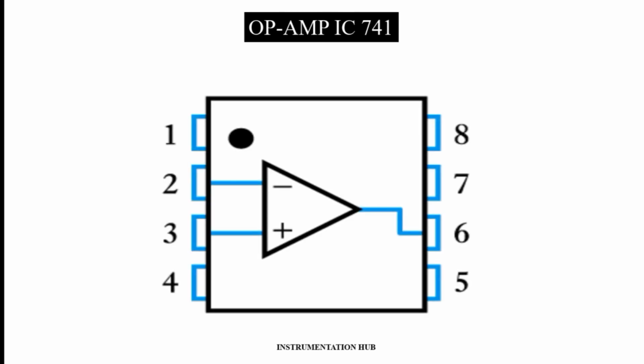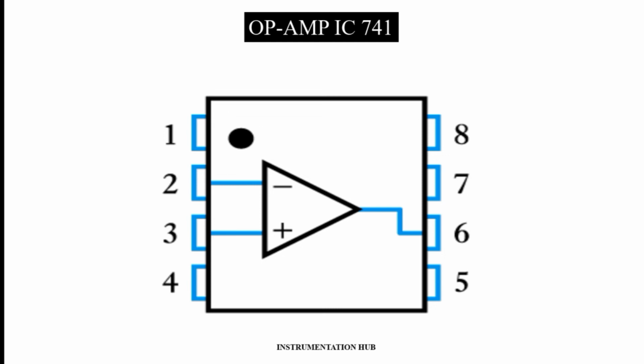On the screen you can see how the OPAMP IC looks and how many pins it has. Pins are nothing but the terminals. The OPAMP IC 741 has 8 terminals. You can see one black dot on it, from which you can identify the first terminal of the OPAMP.